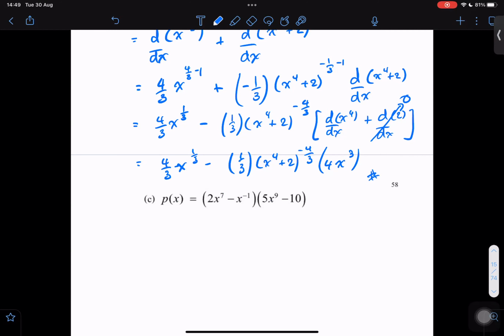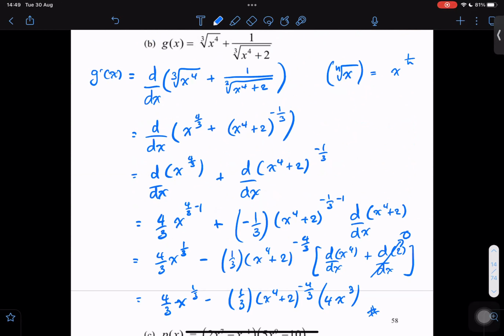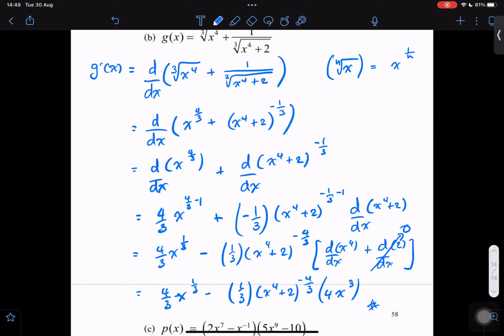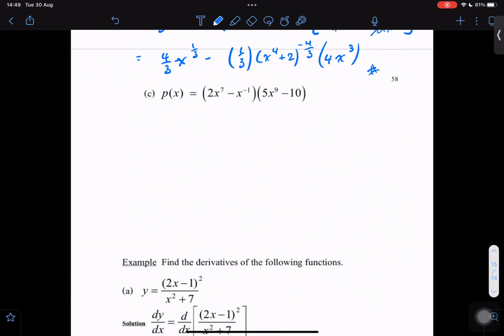Okay, so did you finish this one? Okay, so I think you already finished. For the next one, now it becomes the multiplication.